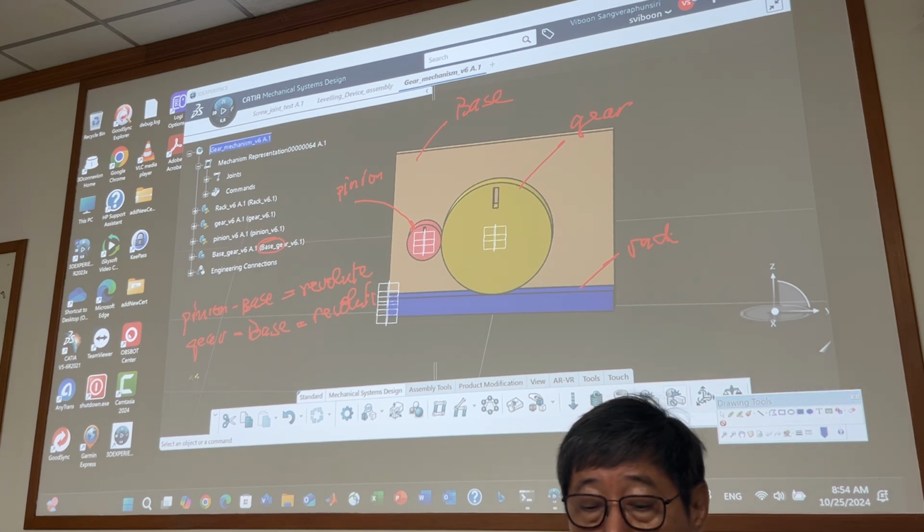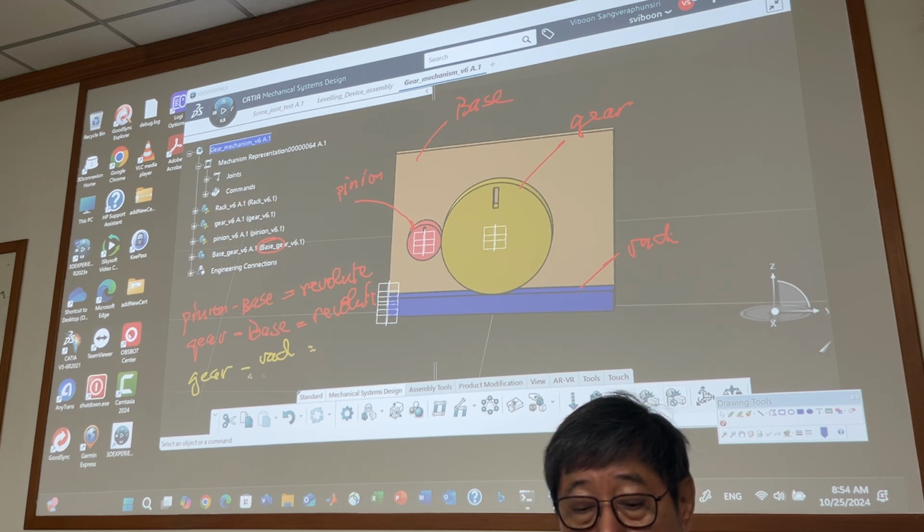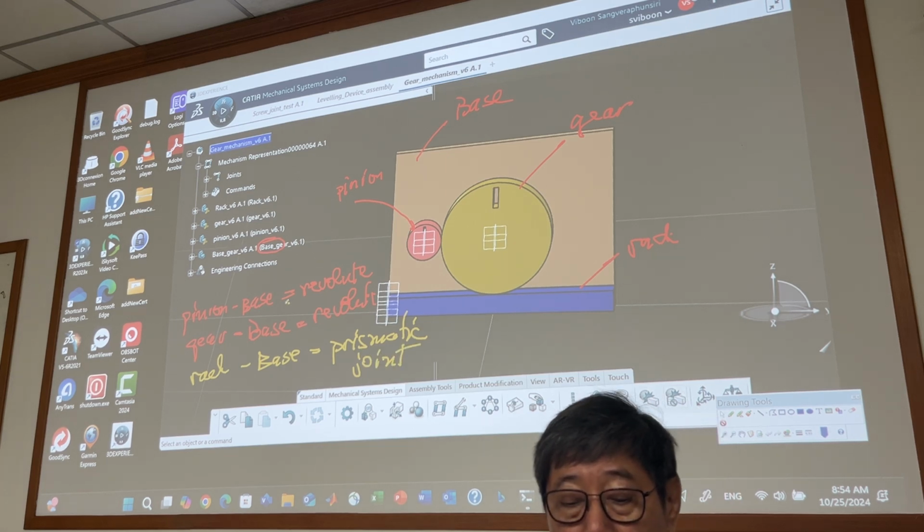Okay? And between gear and rack, between rack and base. Let's see. Between rack and base is a prismatic joint. Right? Rack and base is a prismatic joint.